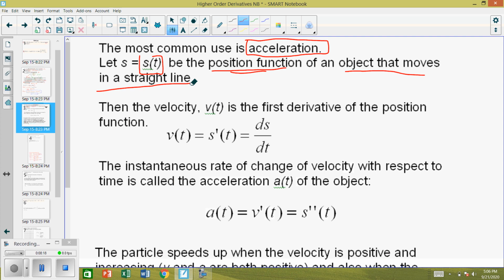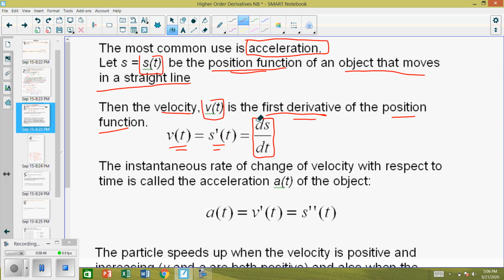But anyway, we know that the velocity of the particle, v of t, is the first derivative of the position function. We've already discussed that. We know that v of t equals s prime of t, which, if you want to say dy over dx, you could say ds over dt. It's the same thing. So it's the slope, or the rate of change. That's what velocity is, just a rate of change.